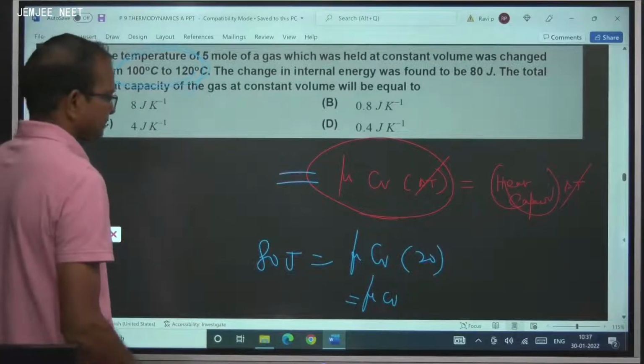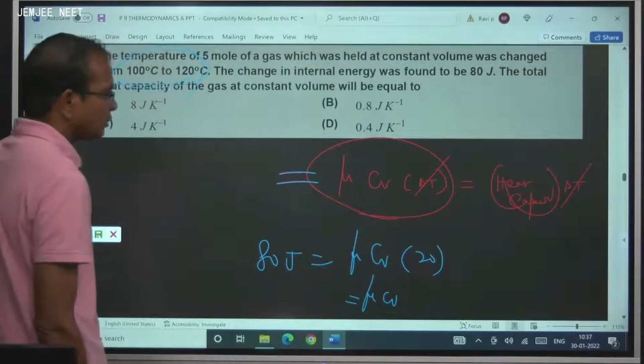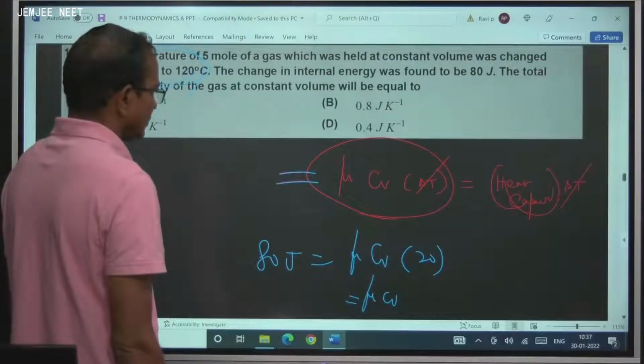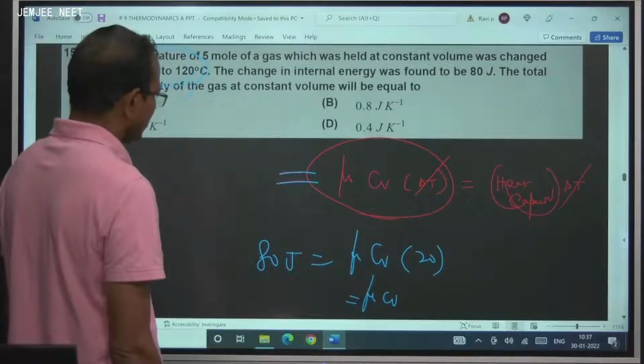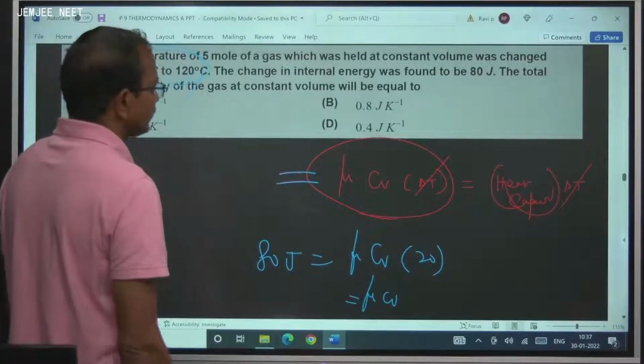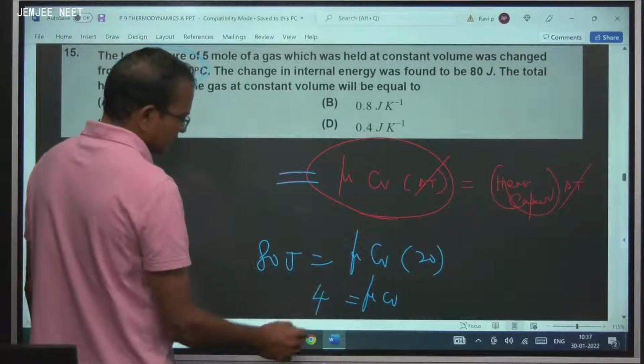Sir, 5 should also. Oh, 5 நான் மிஸ் பண்ணிட்டேன். சாரி. இல்லை கண்ணா, 80 by 20 கண்ணா, அது மட்டும் போடுப்பா. எவ்வளோ வருது? 4. அதுக்கு பேர் தான் ஹீட் கெப்பாசிட்டி.